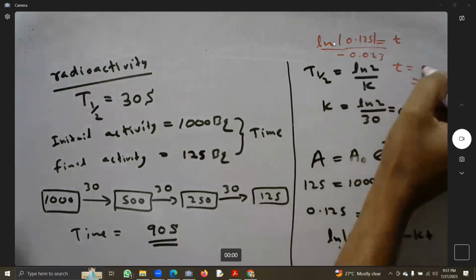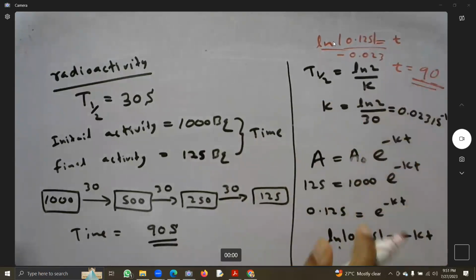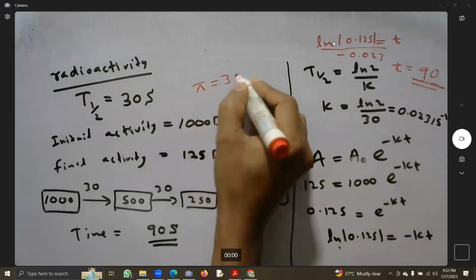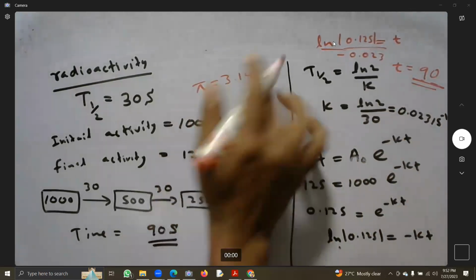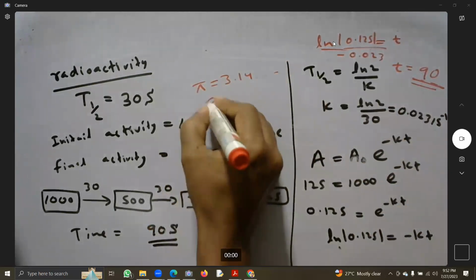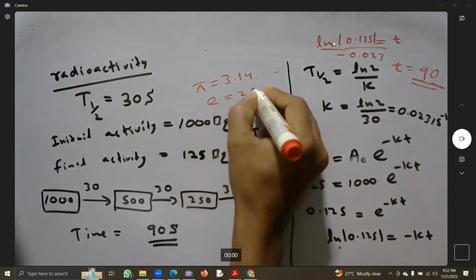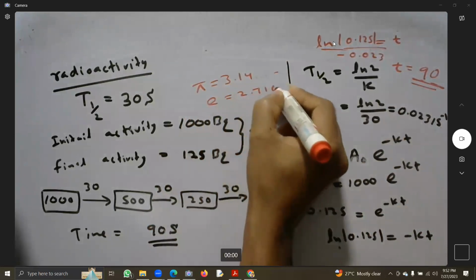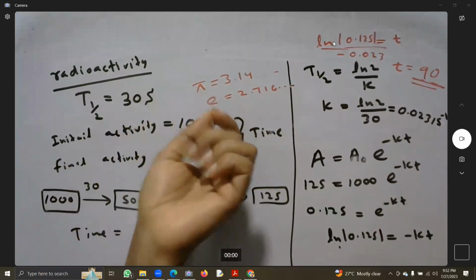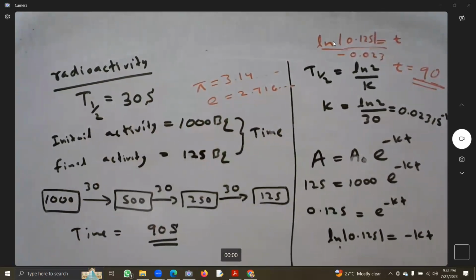What does the e stand for, sir, in that equation? e is a number like pi. Pi is 3.14 and it's irrational. e is also a special number in science, 2.718 or so.